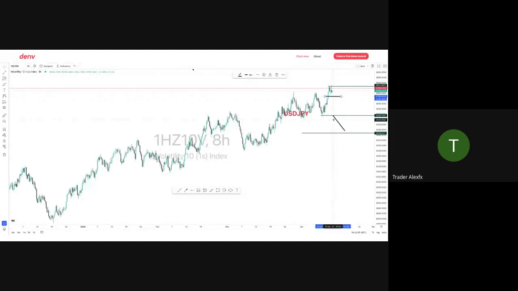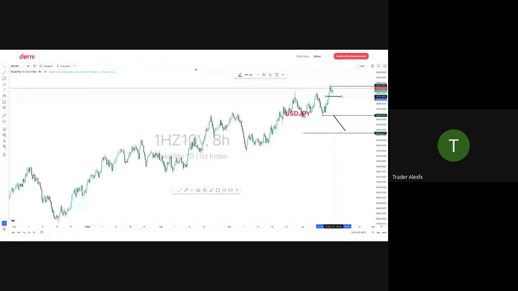Instead of you waiting and looking at your chart for it to get here before you enter an instant sell, you might just set an order of sell stop.